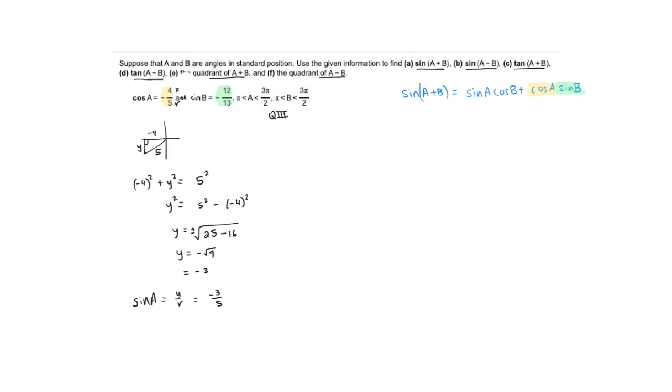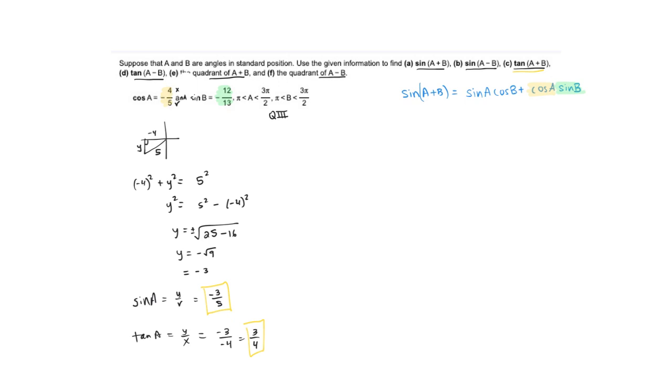And since we know that we need to find tangent, we're also going to need the tangent values there. So let's go ahead and figure out what that would be. Tangent is y over x, so y we just found was negative 3 over x is negative 4. And tangent in quadrant 3 is positive.